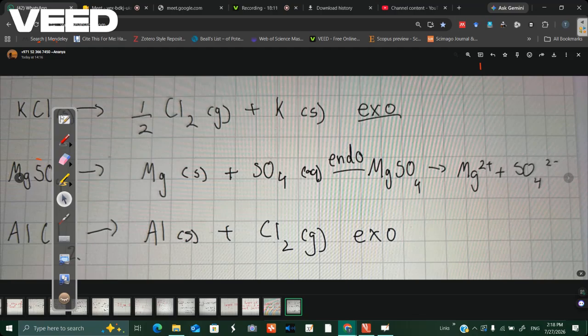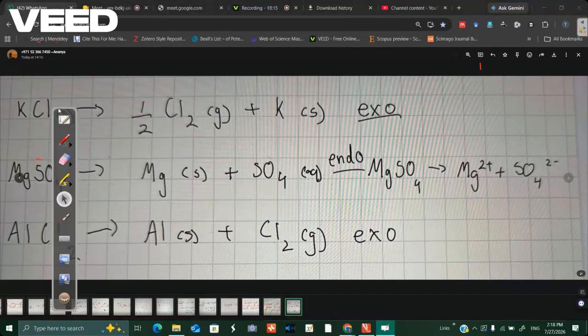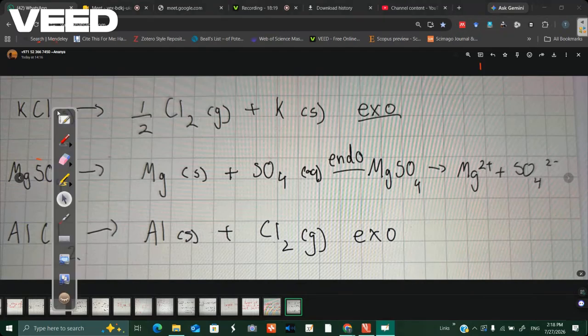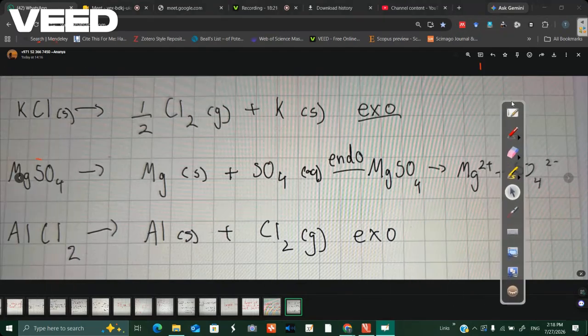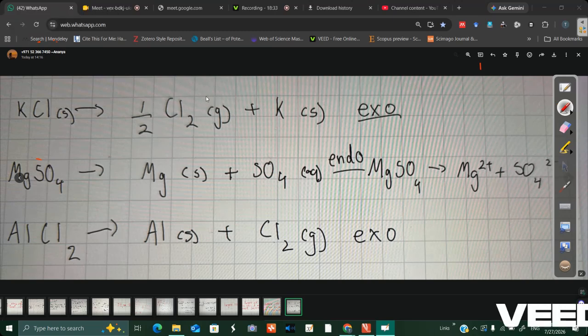Okay, let me check. Can you see the screen? Right. So in your answer, why are you writing it as we are going to dissolve ionic solid?